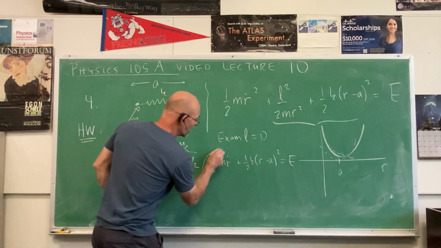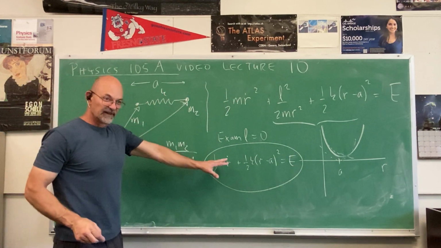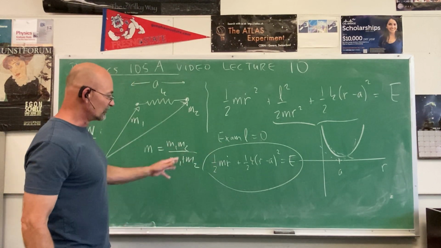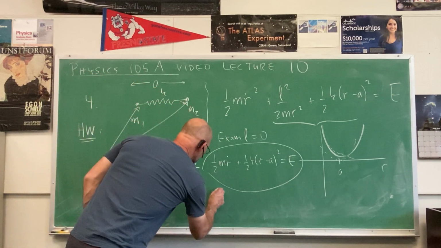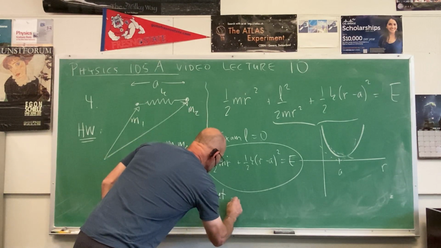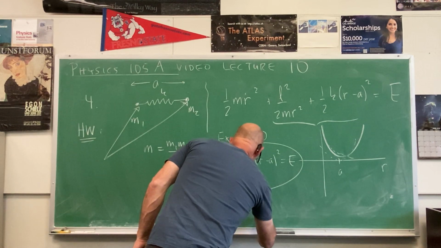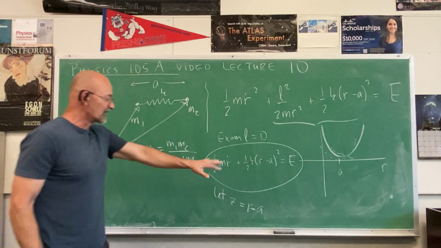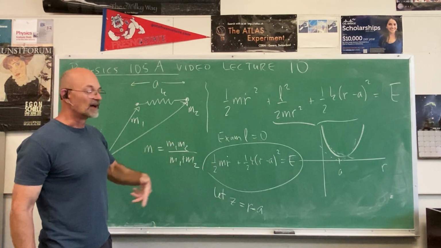But now we want to do it this way, because we should just be able to look at this and declare victory right here. Recognize this as a harmonic oscillator. If you make a substitution, some other letter, z equals r minus a, where a is a constant, and then rewrite the energy in terms of that, you'll see it's just the energy expression for a harmonic oscillator.